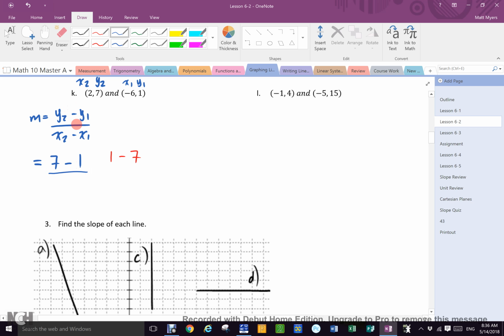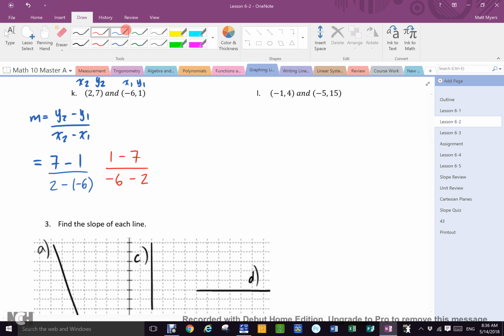Now, my one that's in blue. What is x2? 2 minus what is x1? Negative 6. If you're the other person, you have negative 6 minus what? 2.